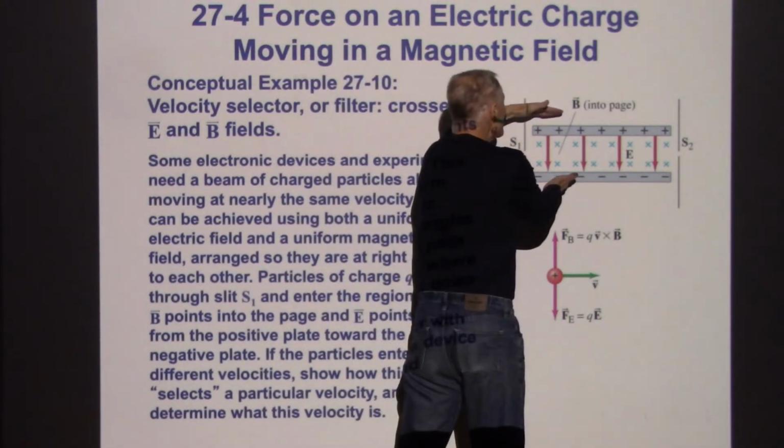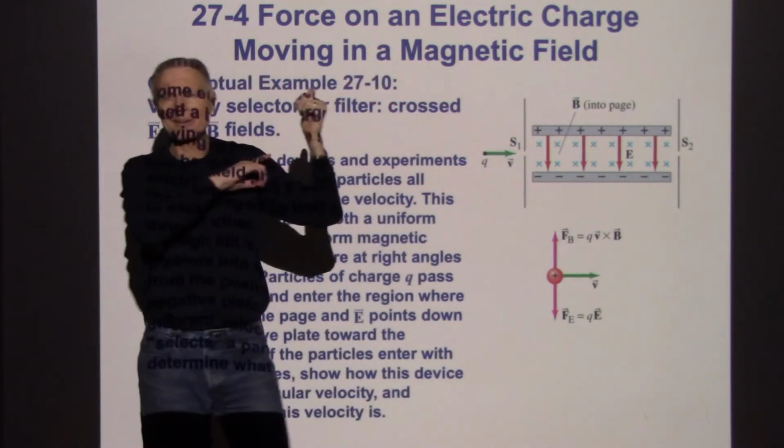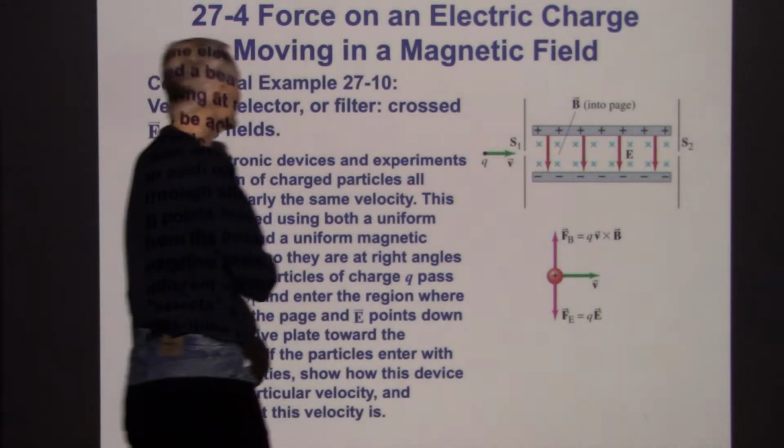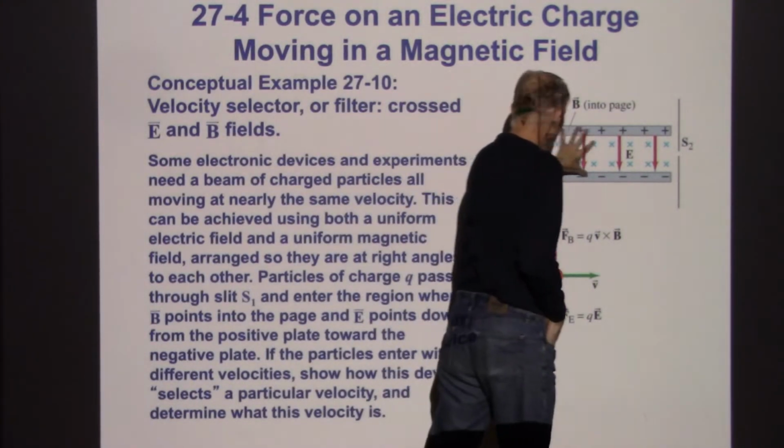Oh, let's put in some parallel plates that are charged. So this is taking us back now to chapter 21, 22 and 23, when we were looking at electric forces and electric fields. Is there a way we could get the electric forces to exactly balance the magnetic forces so that the charge could just go right through?